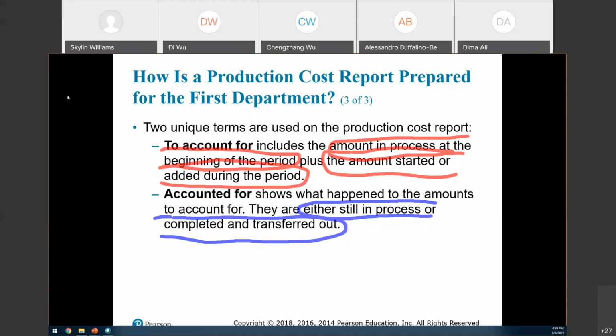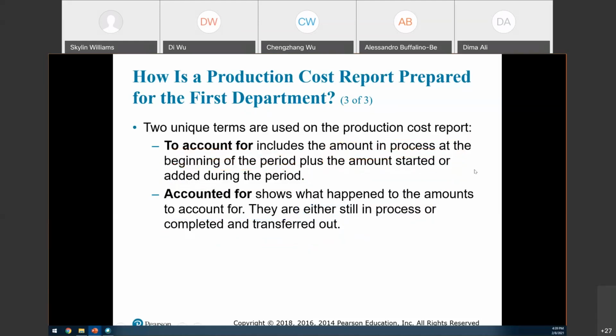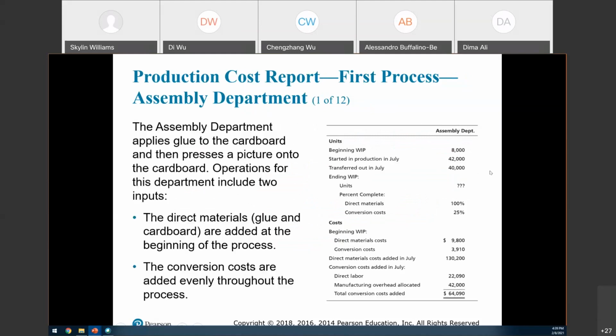So let's see an example in this company. You need to remember that these terms are used for both units and costs.